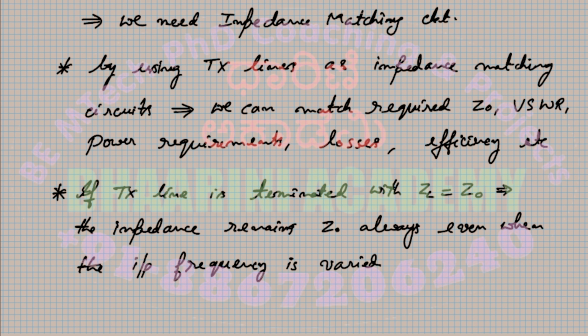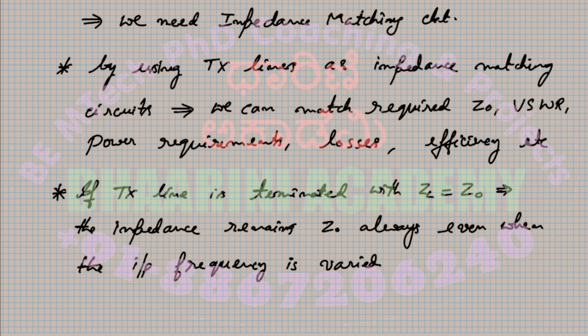What's the answer? Lossless, but I'm writing a Z over there. Maybe this Z is R plus jX or R minus jX, so there is an R coming into the picture. No, that's the point here.